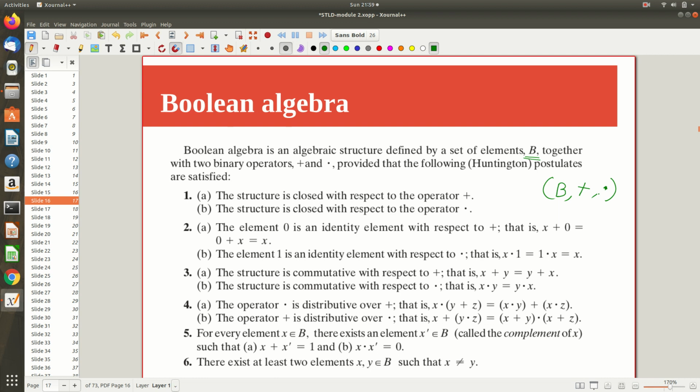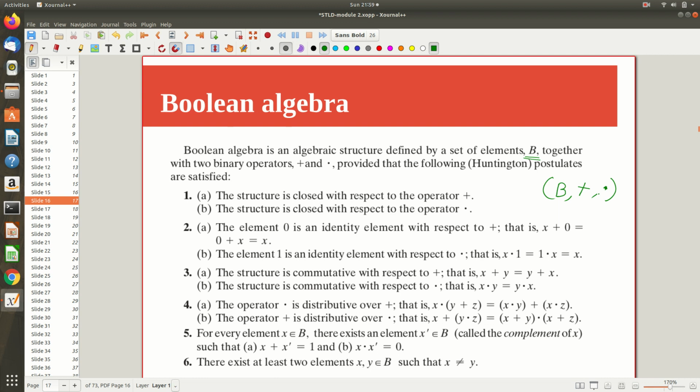You may be wondering why these minimum requirements, and we will see that. Gradually we will develop the concept and the thought process of why these 6 postulates are mandatory for Boolean algebra. There are many things behind it. Without bothering with that much detail now, we are directly moving on to the 6 requirements for an ordinary algebra to be a Boolean algebra.